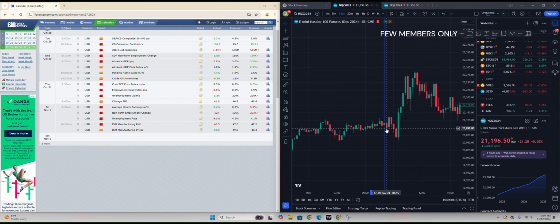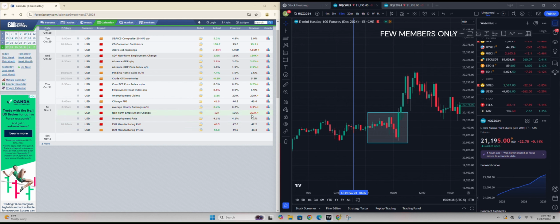All right. So what we're going to be looking at is this part right here. It tells you the previous, the forecast, what people are predicting, and what actually happened after the news, what the price is set up at. Okay.